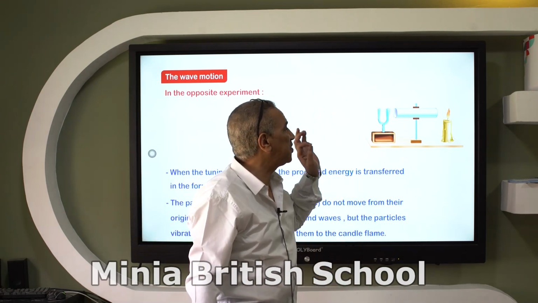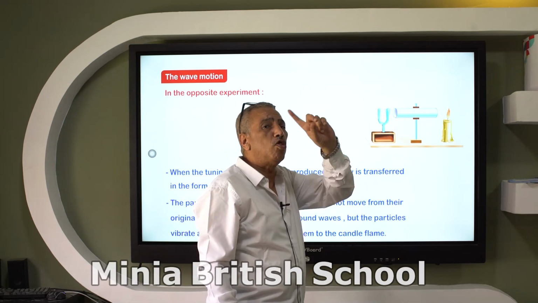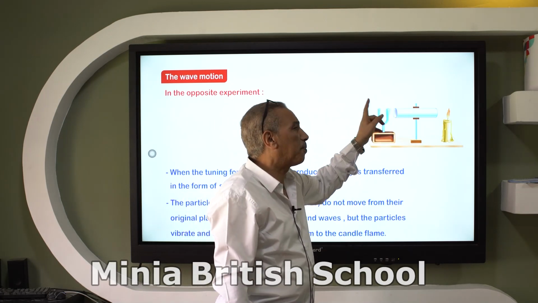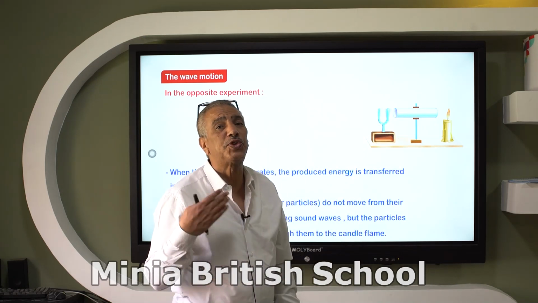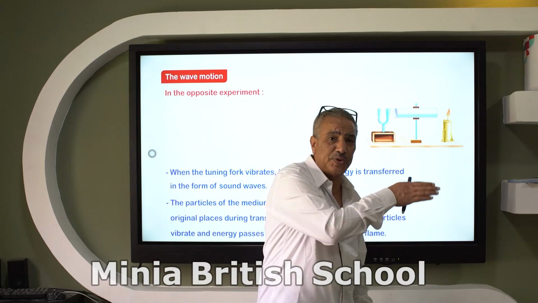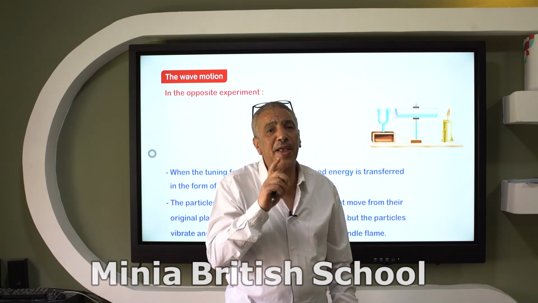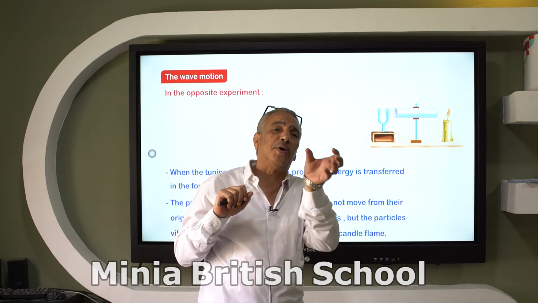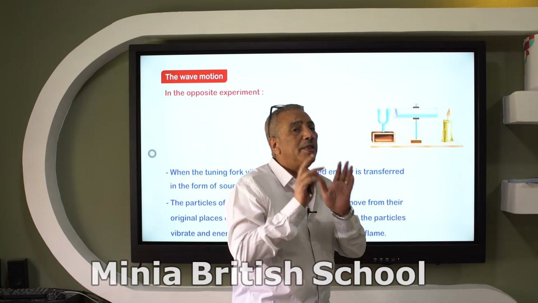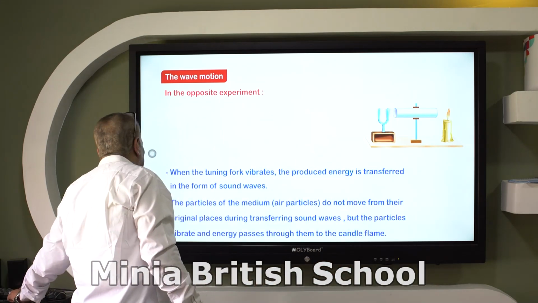If you have an incense stick, its vapor will not transfer from the first opening to the second opening. That means the sound transfers through the medium particles by vibrating them, not by transferring the medium particles themselves. And this is the most important meaning of the wave propagation.